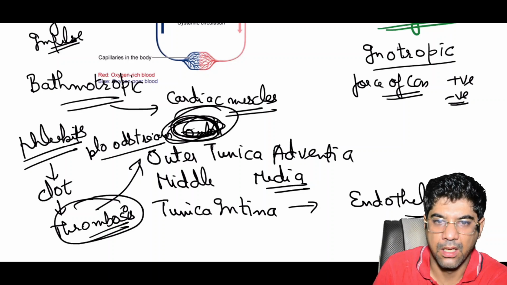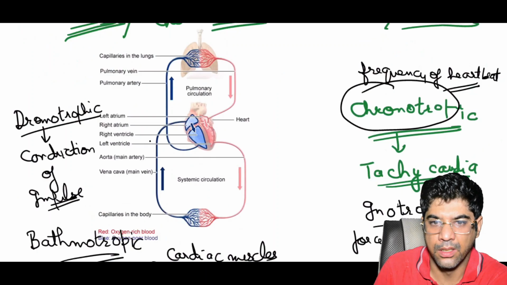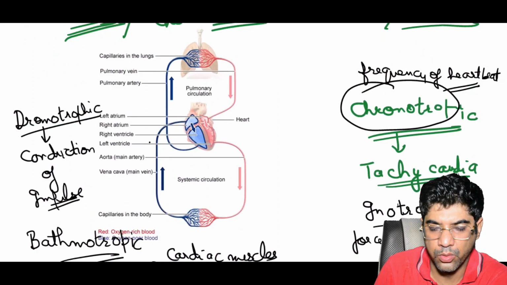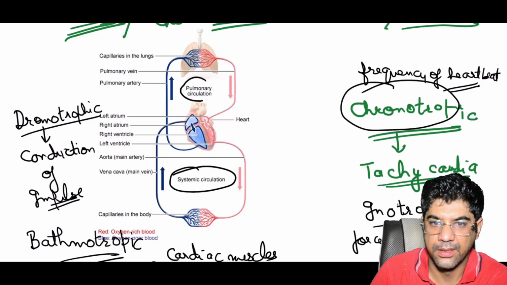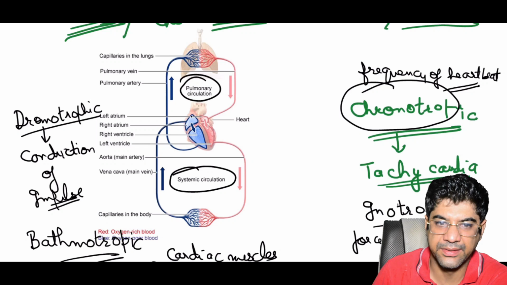Now let us discuss the blood flow, that occurs through the two main divisions of the circulatory system. The first is the systemic circulation, other is the pulmonary circulation. The systemic circulation is also known as greater circulation.